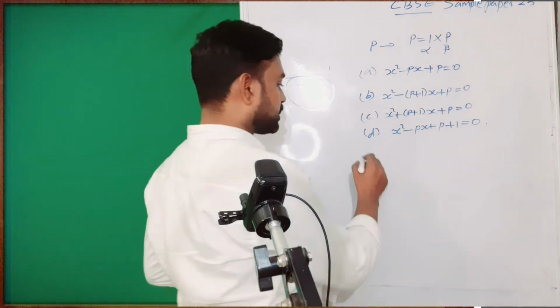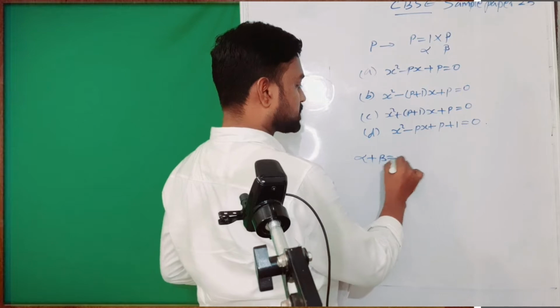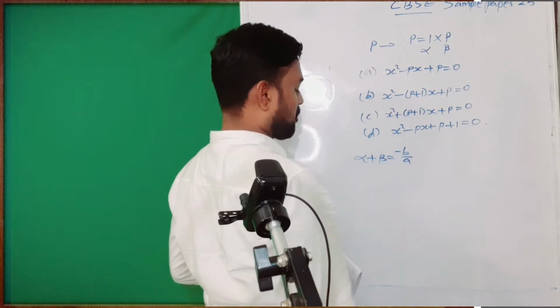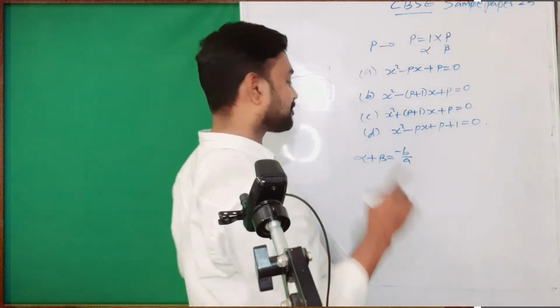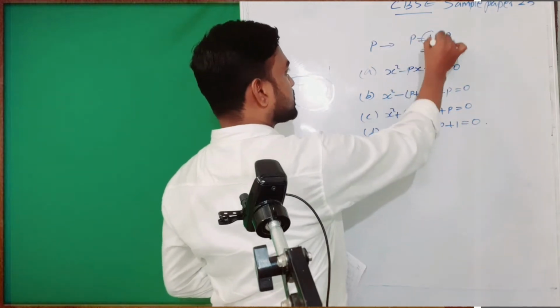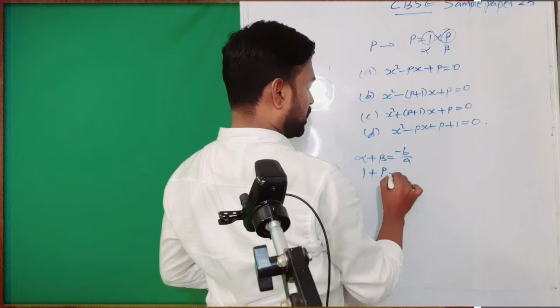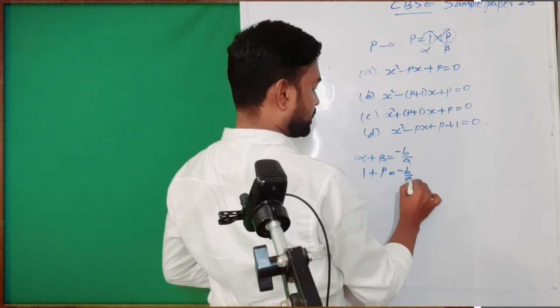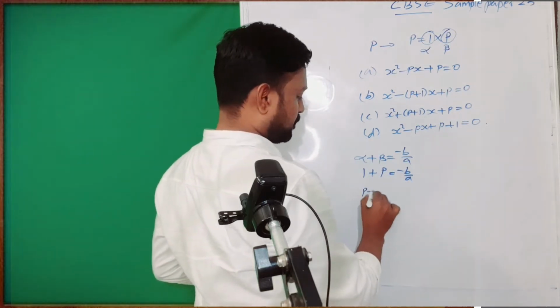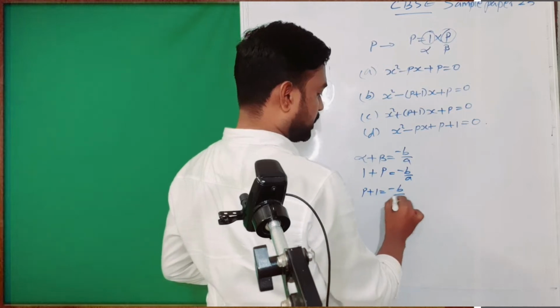Now we studied one relation, alpha plus beta is equal to minus b by a. Here alpha we considered as 1 and beta is p. So 1 plus p is equal to minus b by a, or we can write p plus 1 is equal to minus b by a.